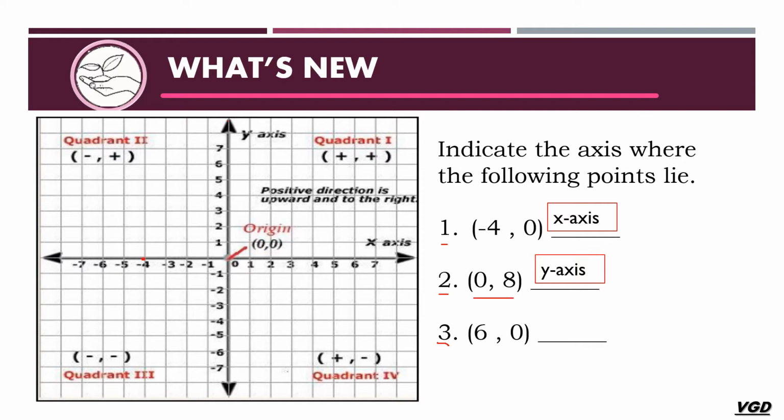So we have here positive 6. Positive 6 here is the x value. So we will go to the horizontal number line. So positive 6, and there is no value, or the y value is 0. Therefore, it is located in, yes, that's right, it is located in the x-axis.